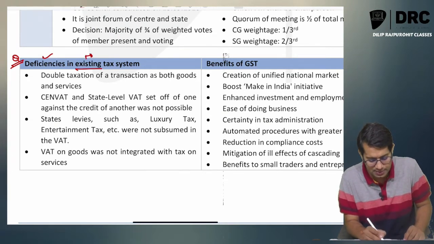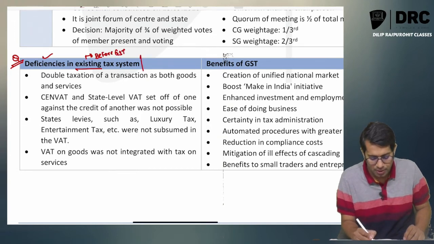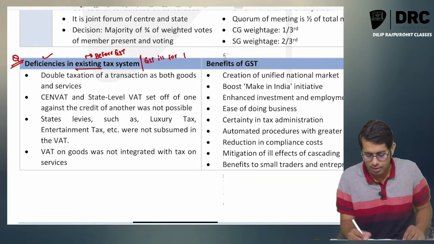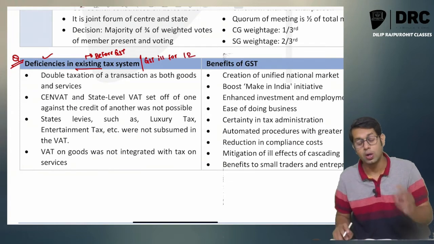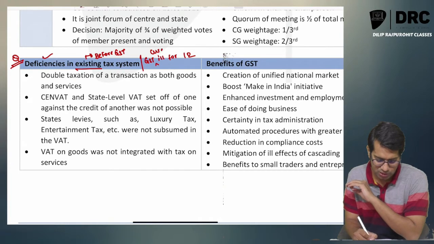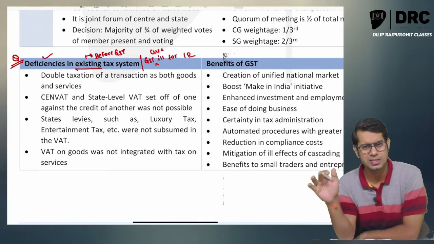Existing indirect tax system means the tax system before GST. Or, GST is the cure for the ills of the existing indirect tax system. If you see your institute material, there is a point which they have given: GST is a cure for ills of the existing indirect tax system.